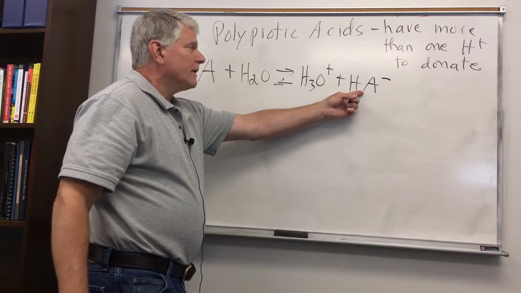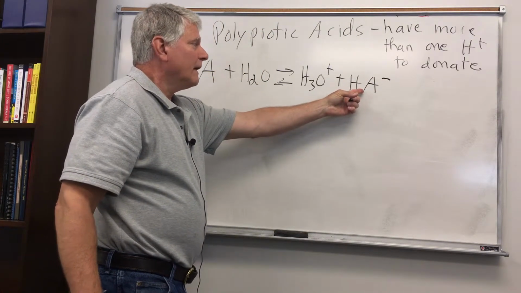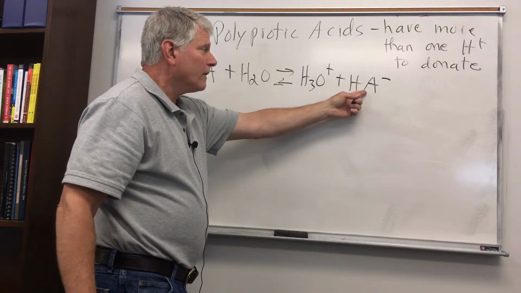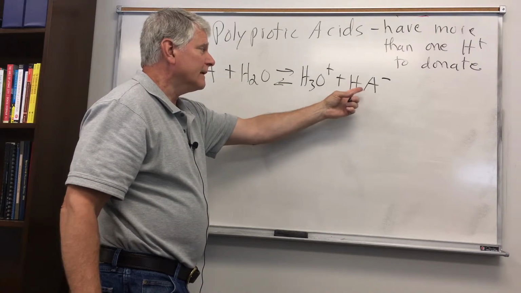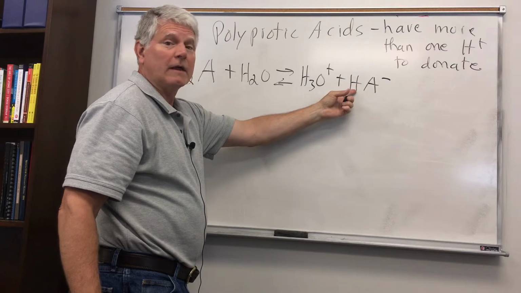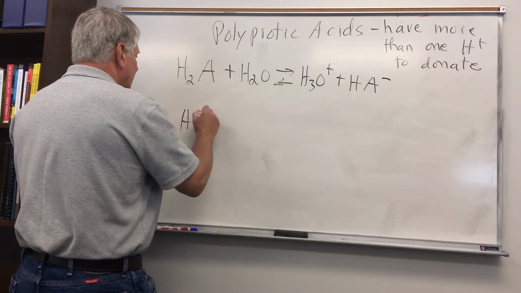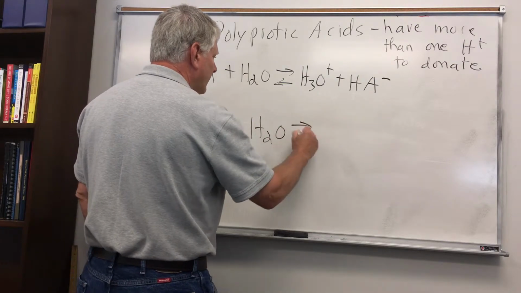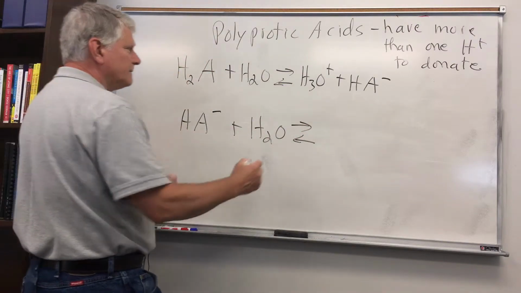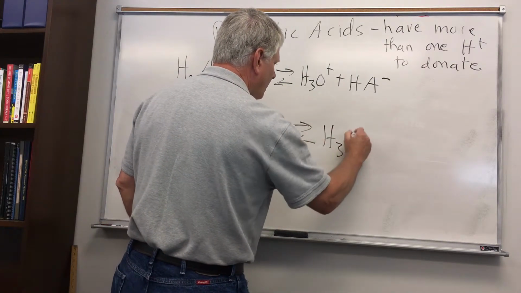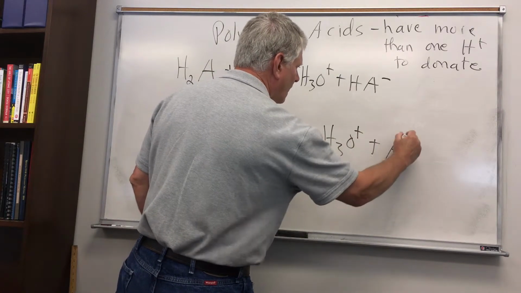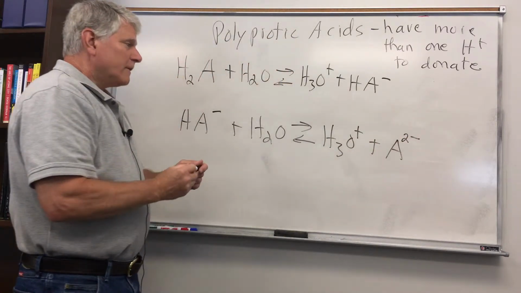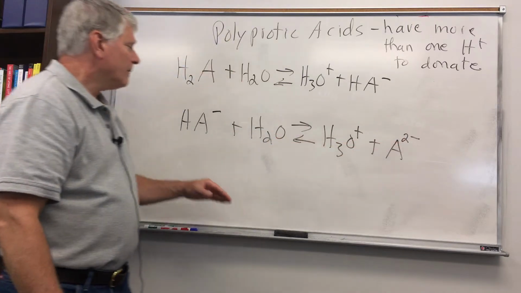And its conjugate base is formed, and then this other species has a single proton left to donate, and so it can also react in water to donate its proton, giving the conjugate base A2-.